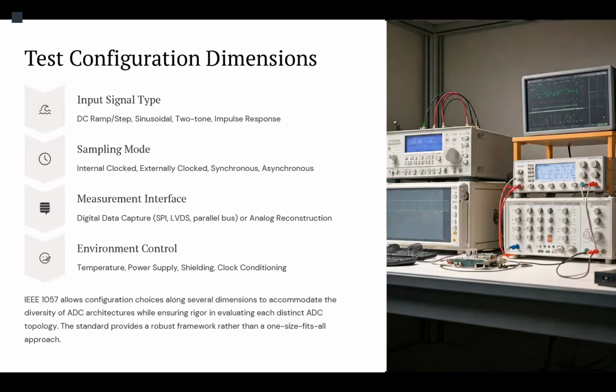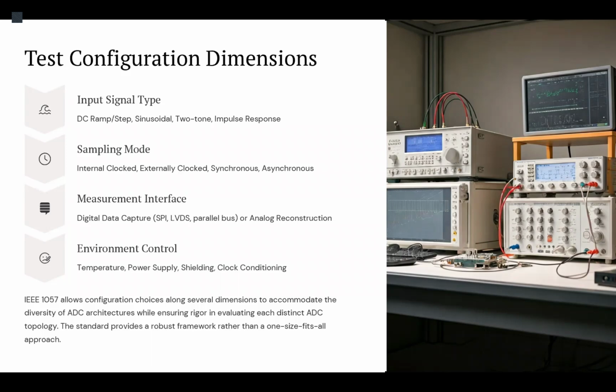Now, the third dimension is measurement interface, which refers to how the output of the ADC is accessed and processed during the testing. Some ADCs provide digital data output via interfaces like SPI, LVDS, or parallel buses, which are captured directly using a data acquisition tool.